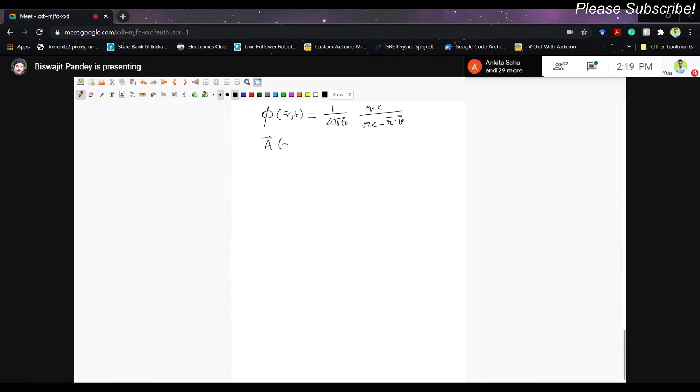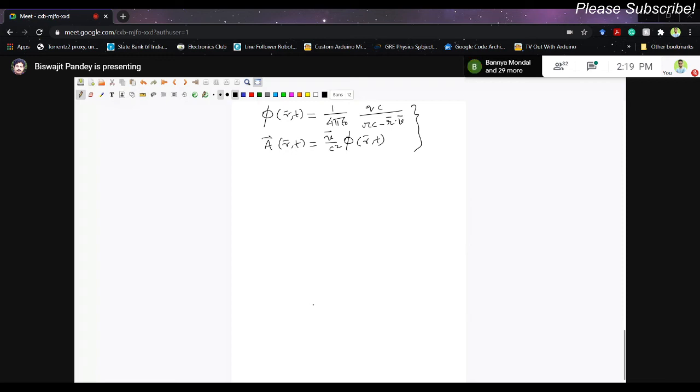And the vector potential is simply, you can again write this, v by c square phi(r, t). We want to calculate the same two expressions from a different approach. Now to do that, we will construct some four-vectors. What are the four-vectors?